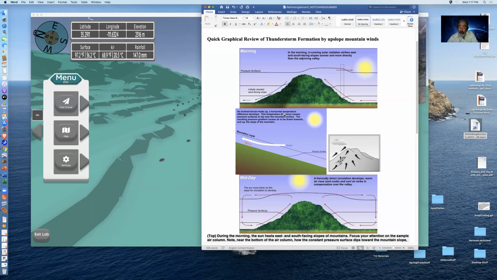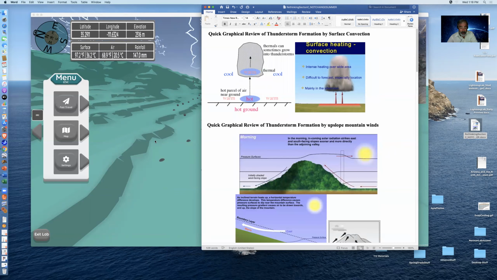The temperature difference causes the pressure surfaces to dip near the mountain surface. This creates a pressure gradient and causes the cooler air to be drawn up the slope of the mountain. And this creates a circulation system where there are upslope winds during the afternoon. As the winds rise up in the afternoon, they'll cool, and if there's a sufficient amount of moisture in the atmosphere, you'll get thunderstorm formation.